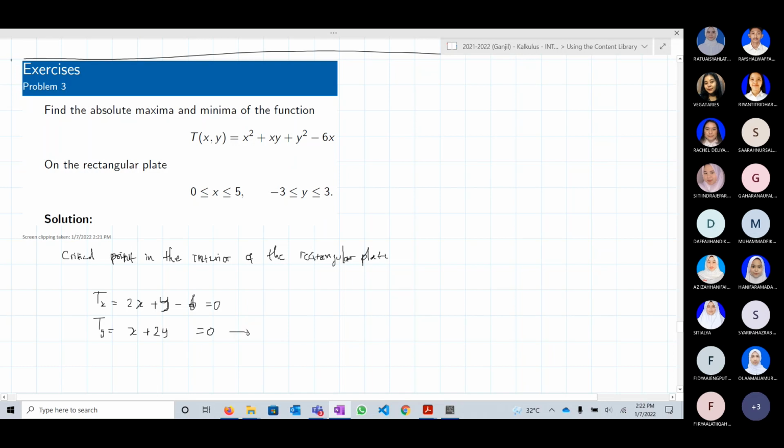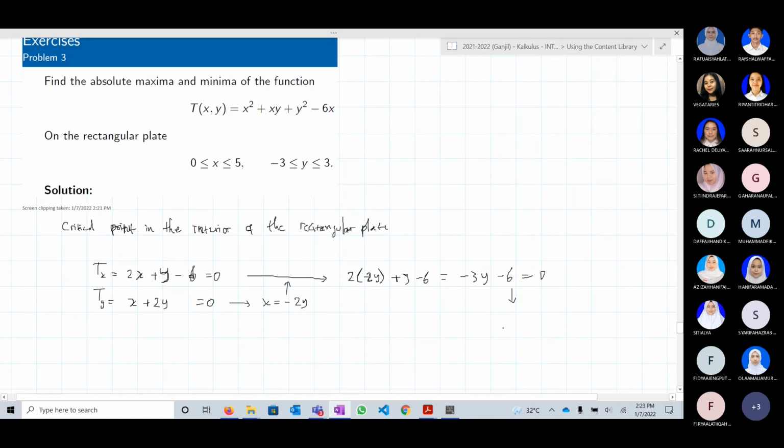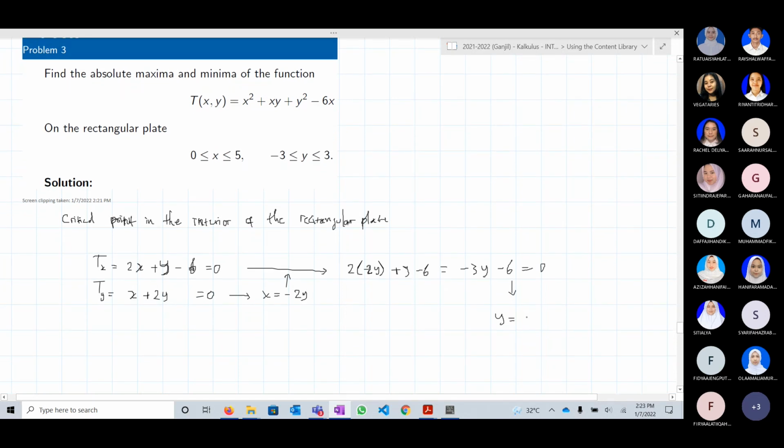From here we have that x is equal to minus 2y. Then we plug in x equal to minus 2y, and we have 2 times minus 2y plus y minus 6, which is minus 4y plus y minus 6, so minus 3y minus 6 equals 0, meaning that y is equal to minus 2.